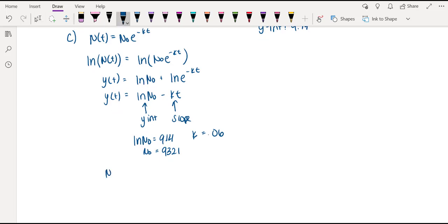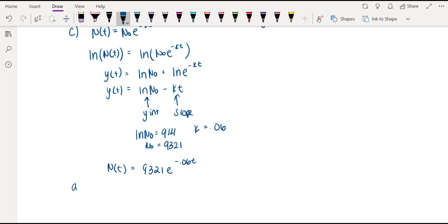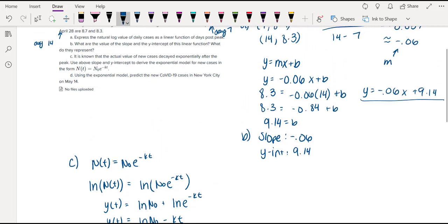So we get N of t equals N naught, which we found is 9,321, times e to the negative 0.06t. Part D is asking us to use the exponential model to predict the new COVID-19 cases in New York City on May 14th.